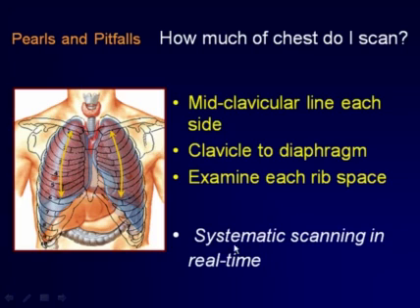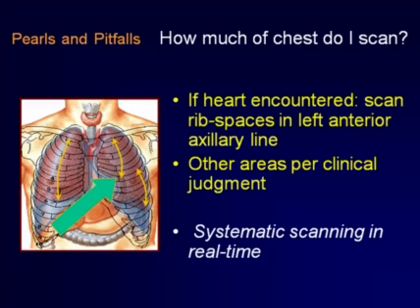The scanning should be systematic and thorough as usual, and this is obviously a real-time test requiring real-time interpretation of the moving grayscale images, although there is a technique for recording this and identifying it using M mode, which we'll discuss in a moment. If the heart's encountered, and in many patients the heart comes over into the midclavicular line, then the probe is moved further laterally, and the rest of the exam is completed probably in the anterior axillary line.